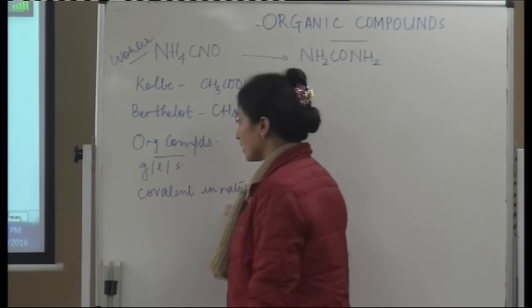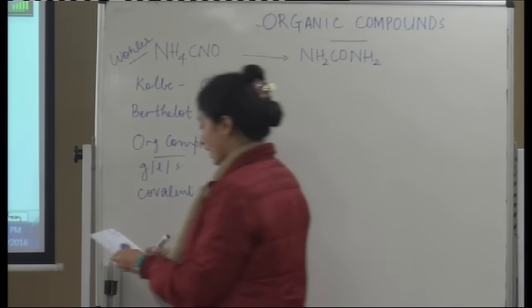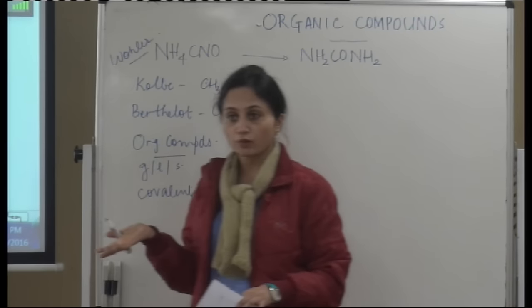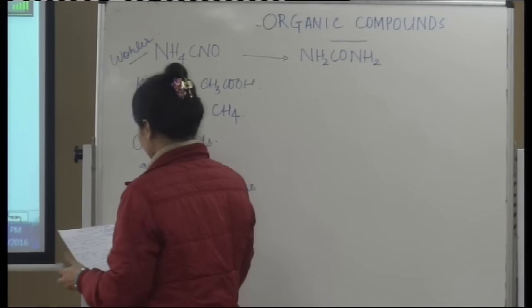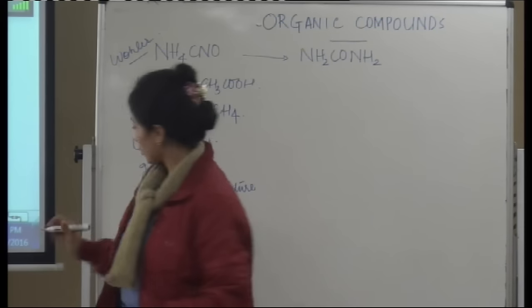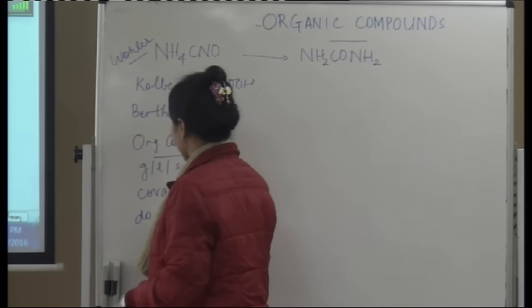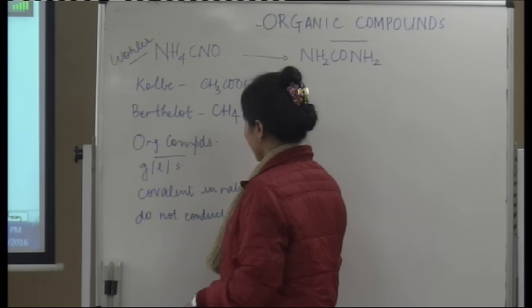And here we are saying by and large most of the organic compounds are covalent in nature, and covalent bonds are the bonds which are formed by the sharing. This is very elementary. And some of them are volatile, inflammable, and another important thing is that they generally do not conduct electricity.